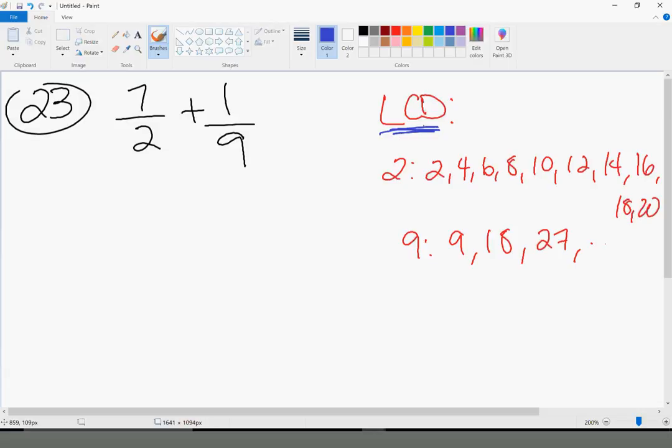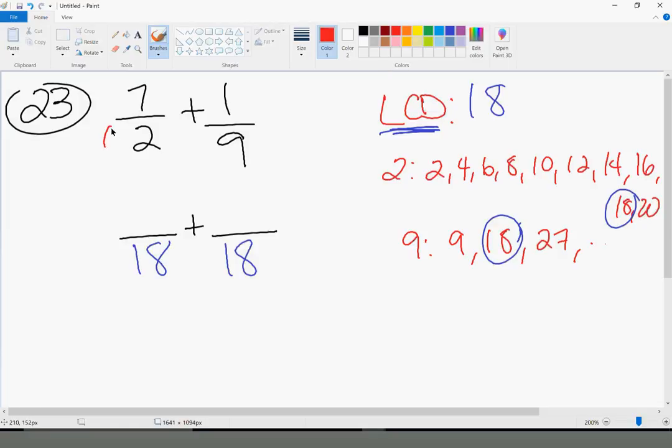So the least common one would be 18. So we want to change 7 over 12 to be an equivalent fraction to something over 18. And we want to change 1 ninth to be an equivalent fraction with a number over 18.